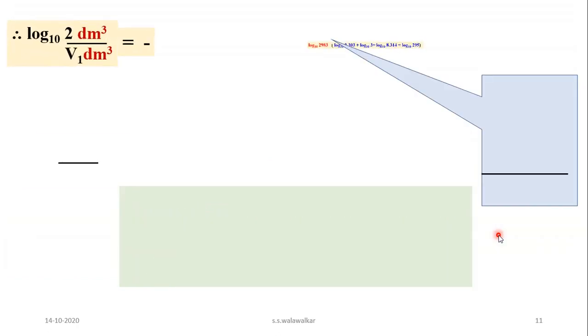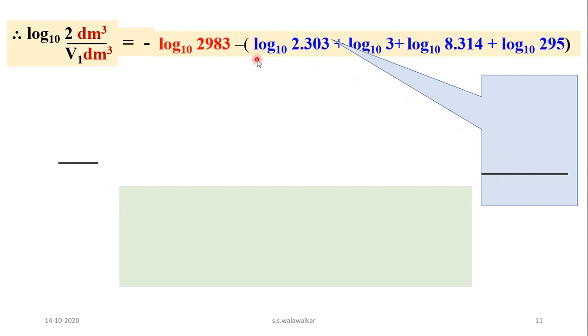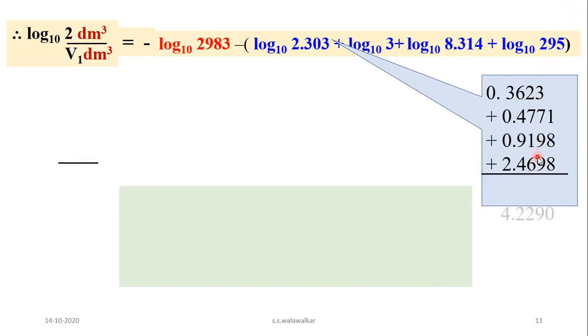So we will solve first this quantity, that is log to the base 10 of 2.303 plus log to the base 10 of 3 plus log to the base 10 of 8.314 plus log to the base 10 of 295. You know that log of 2.303 is 0.3623, log of 3 is 0.4771, log of 8.314 is 0.9198 and log of 295 is 2.4698, and the sum of all these is equal to how much?